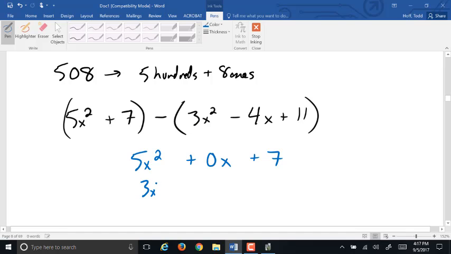Now the 3x squared goes under the 5x squared. Negative 4x goes under the 0x that we put in there. And the positive 11 goes under the 7 ones.